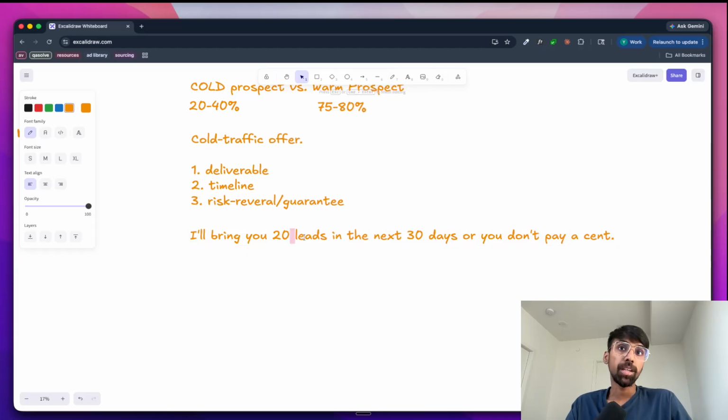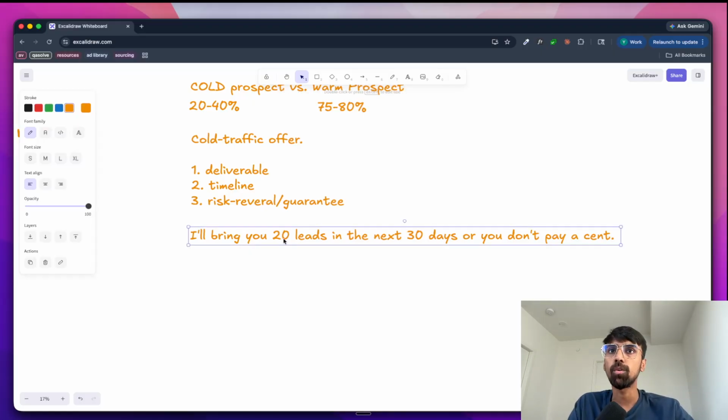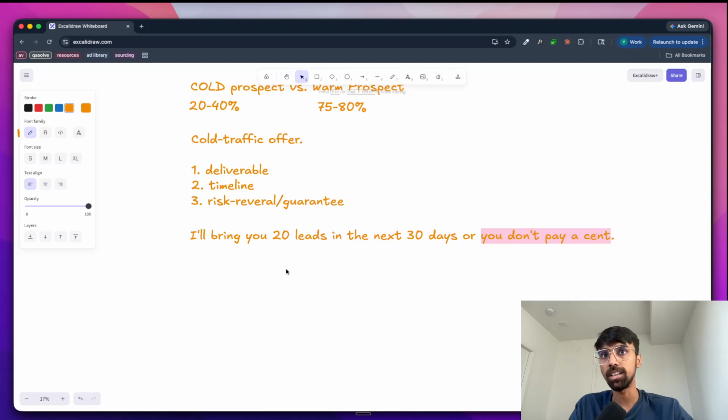This is an extremely good converting cold traffic offer, and it's not that hard to understand, right? You have a core deliverable of 20 leads. You have a good timeline, 30 days, which is not bad, and you don't pay a cent. Obviously, you have to make sure that the amount of leads that you're promising here is relevant to the company that you're sending it to, right?